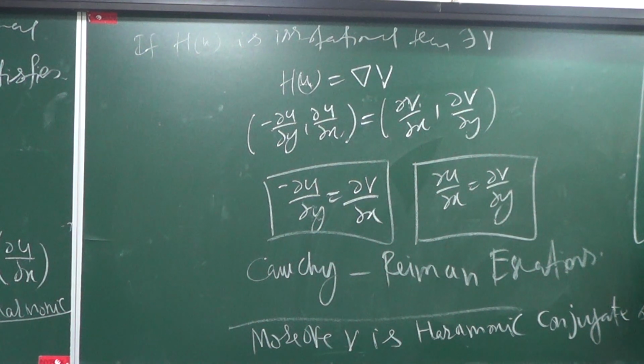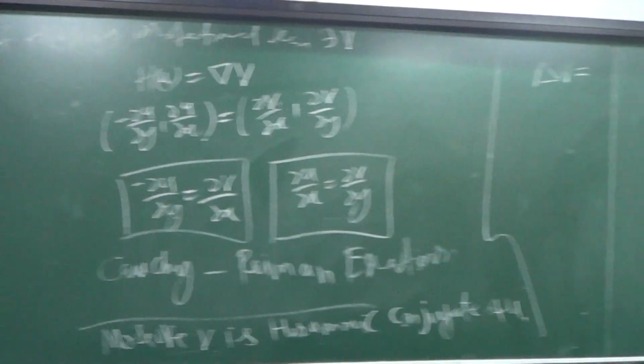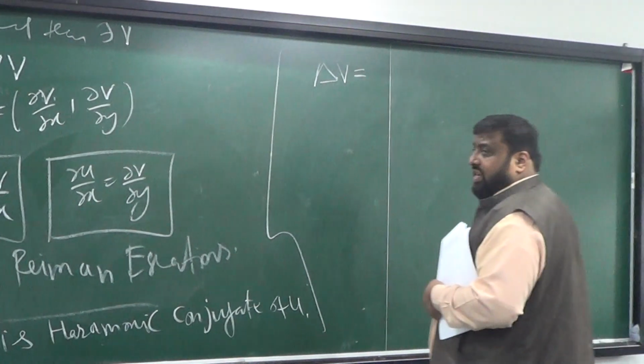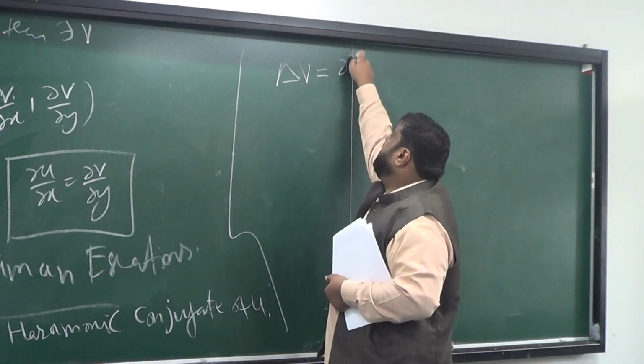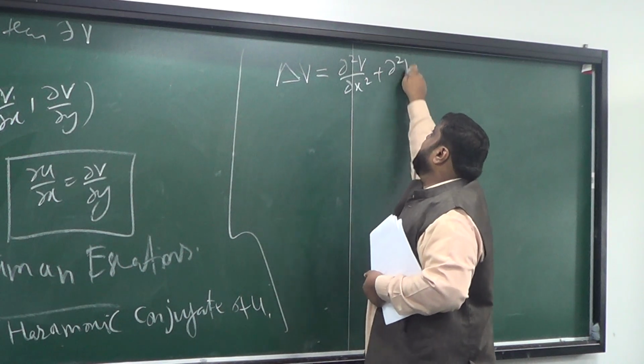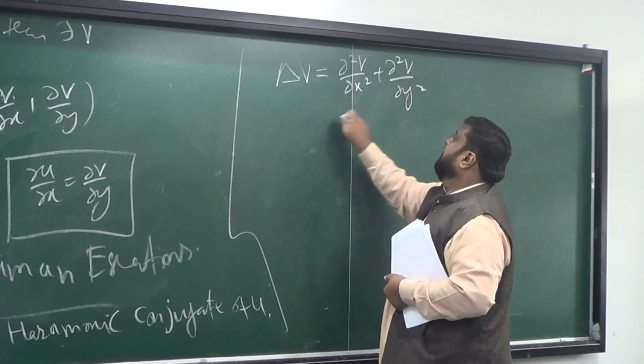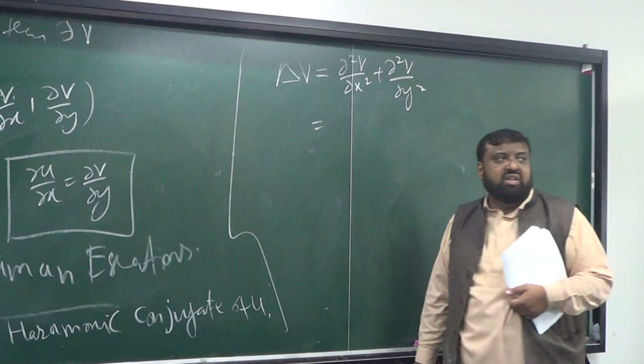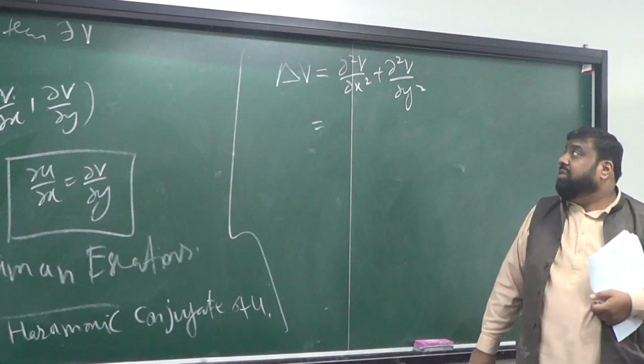In other words, I want to show that if I compute the Laplace operator for V, it must be 0. How can I compute it? I need to compute partial 2V by partial x2 and partial 2V by partial y2. What would be partial 2V by partial x2?